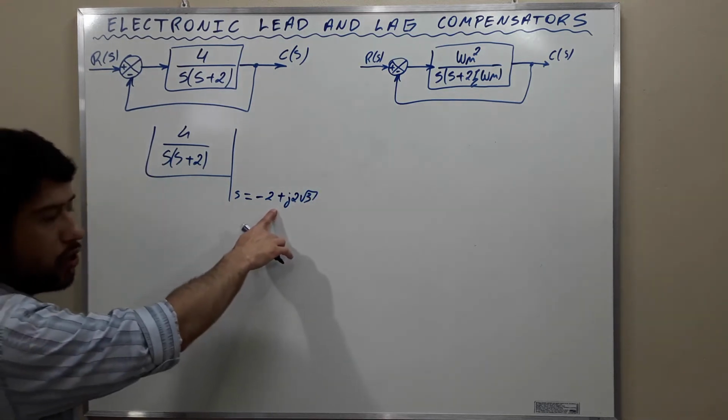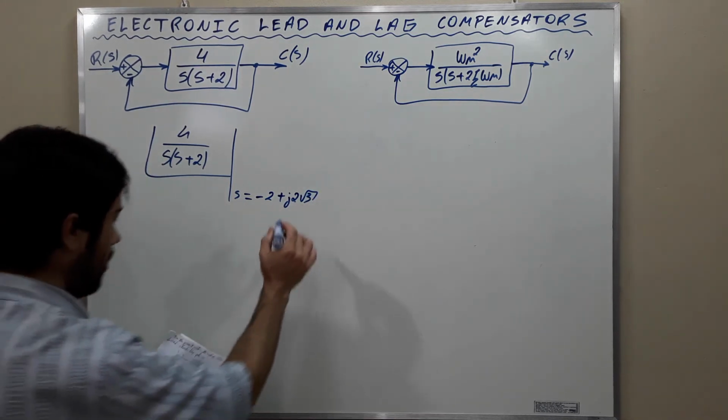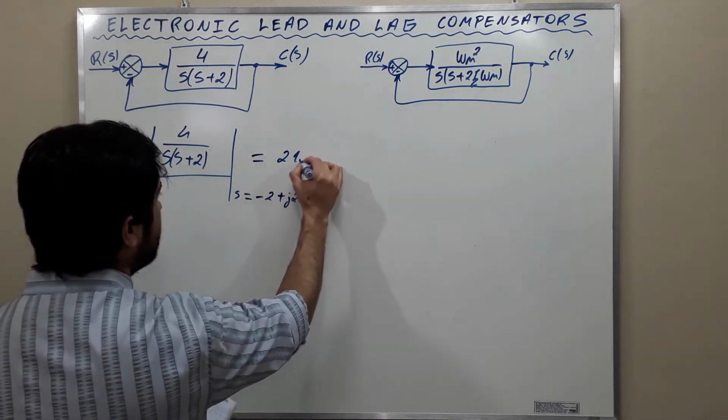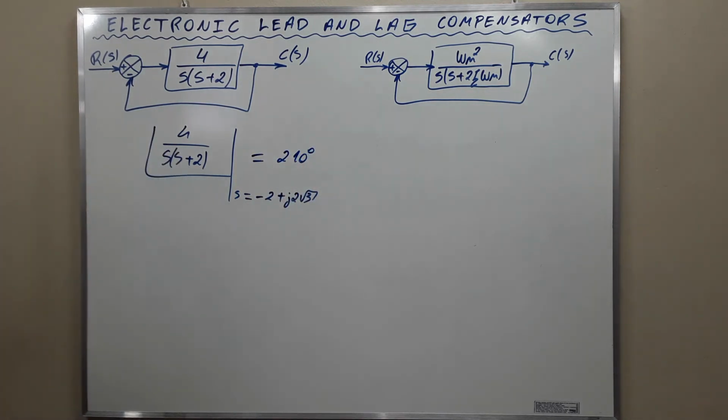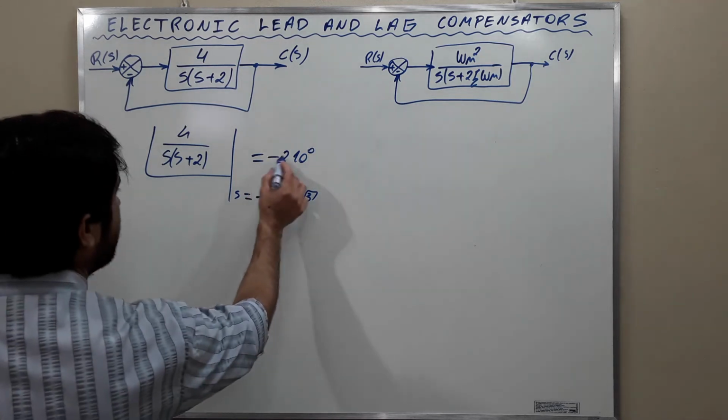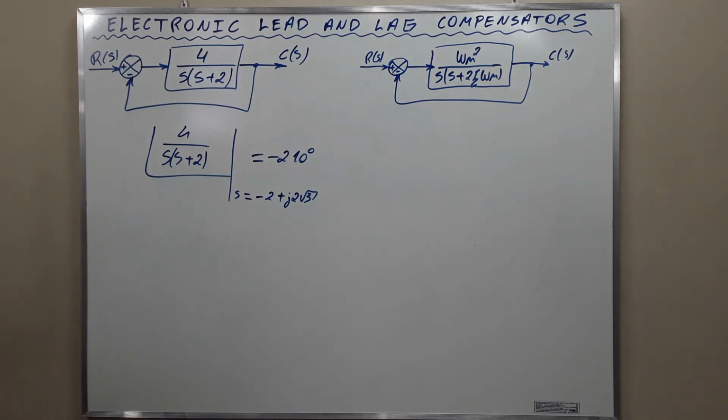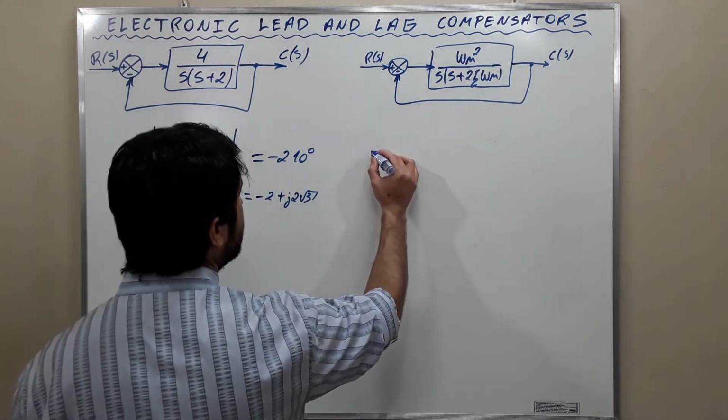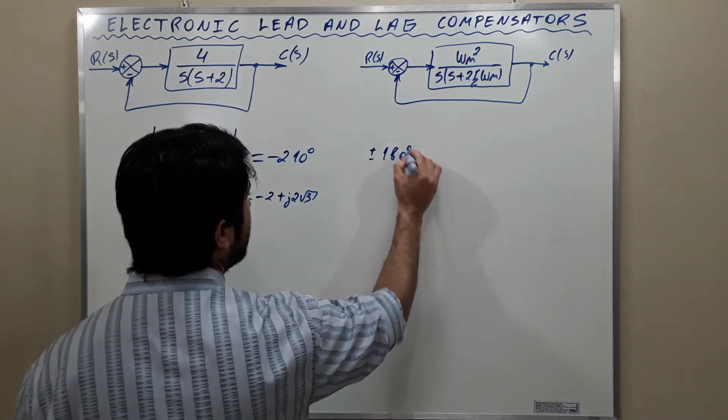This is what we wish, okay? The angle is 210 degrees. Thus, if we need to force the root locus to go through the desired closed loop pole, the lead compensator must contribute with the angle of 30 degrees, okay? We wish plus minus 180 degrees.